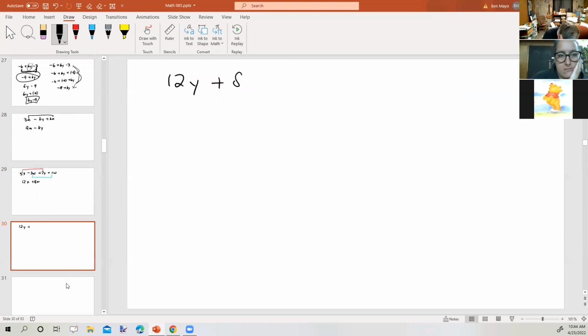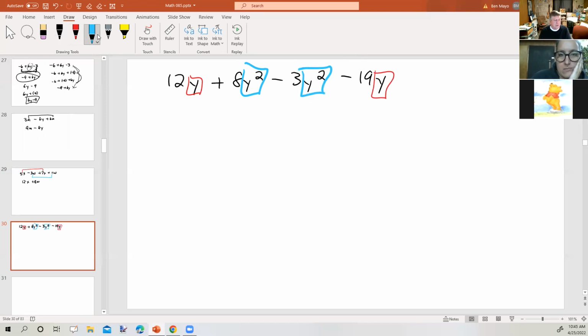12y plus 8y squared minus 3y squared minus 19y. Now, all of the terms contain the same variable. However, y is not the same as y squared. Even though they are both the same variable, they are different powers of the variable.